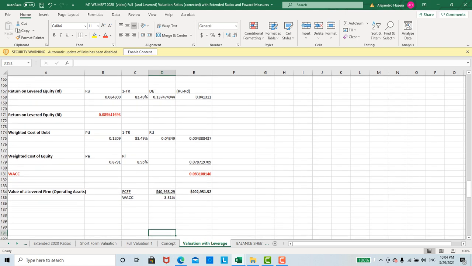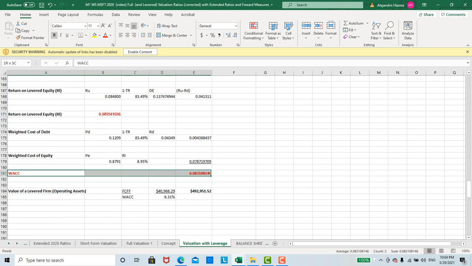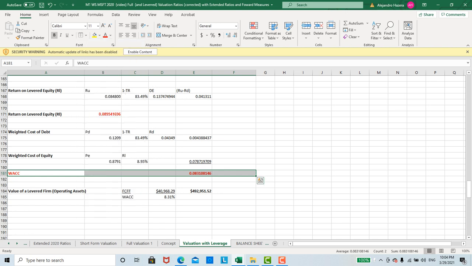So that's how we got the number. It's a more direct calculation, and the WACC approach is used widely. Everybody uses the WACC approach. Okay, so I'm going to put an upper line on this just to separate out the WACC, and then we've got the same number.